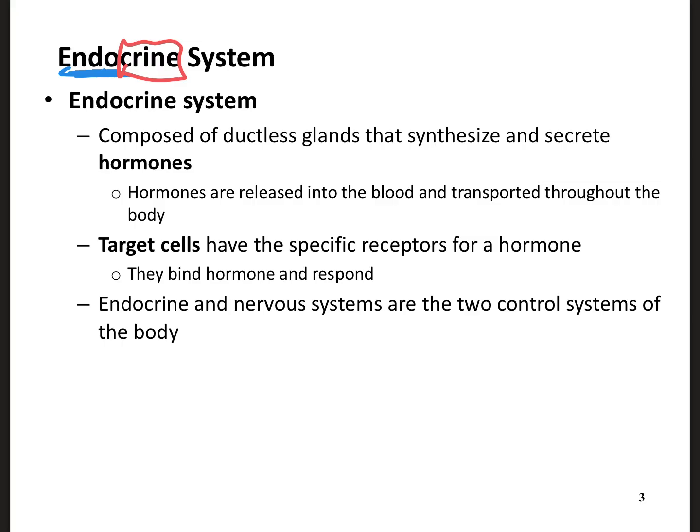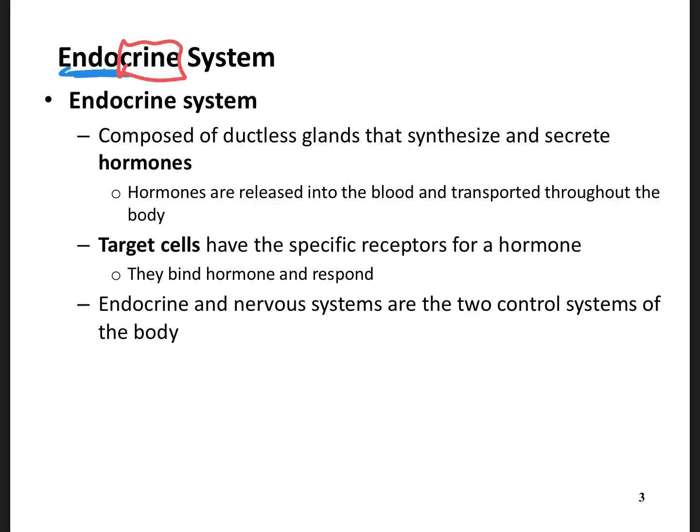So these endocrine glands are ductless, and they release their secretions, substances, right, hormones, into the blood. That's an important distinction. The definition of a hormone is a substance that is released into the blood and then targets cells throughout the body. Okay? But the key there is that it travels via the blood.